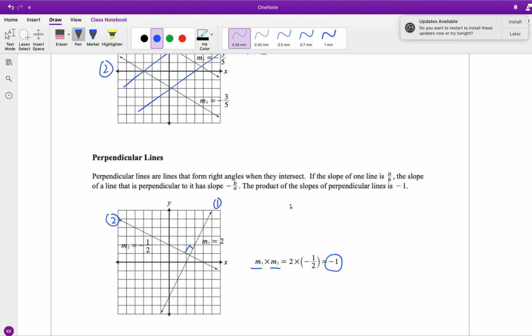So in other words, the first line, the slope, equals to the negative reciprocal of the second line. The two things. One is negative, the other one is so-called the reciprocal.